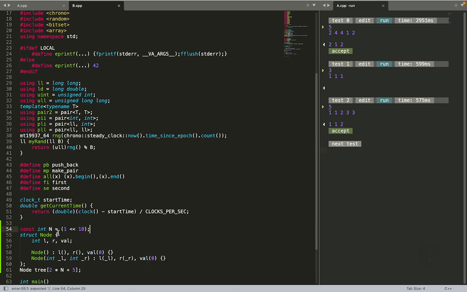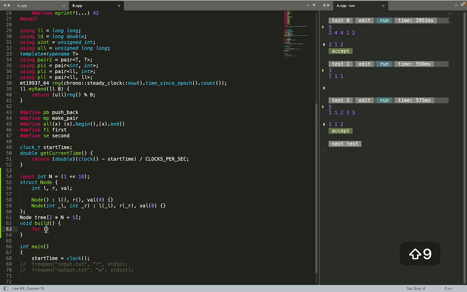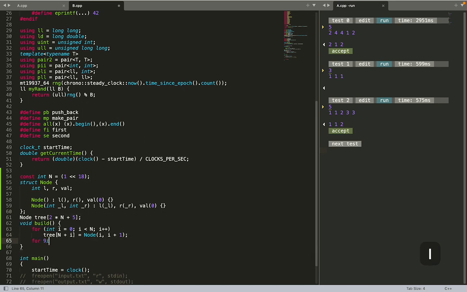I'm making this mistake a lot recently. N should be a power of 2 for the way I'm writing the segment tree. Come on.